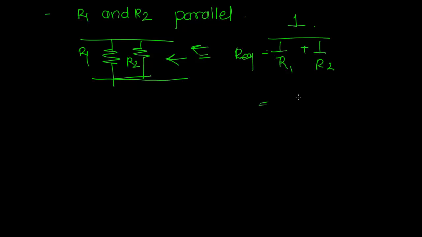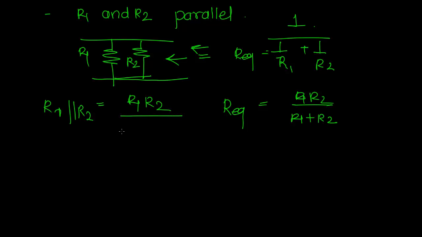So this is generally R1 R2 divided by R1 plus R2. That's the equivalent resistance of two parallel resistances, and it is written as R1 parallel R2, which is equal to R1 R2 divided by R1 plus R2. So if you see a complicated circuit, you will always be able to distinguish two types of resistor connections. One is a series connection, the other is a parallel connection.